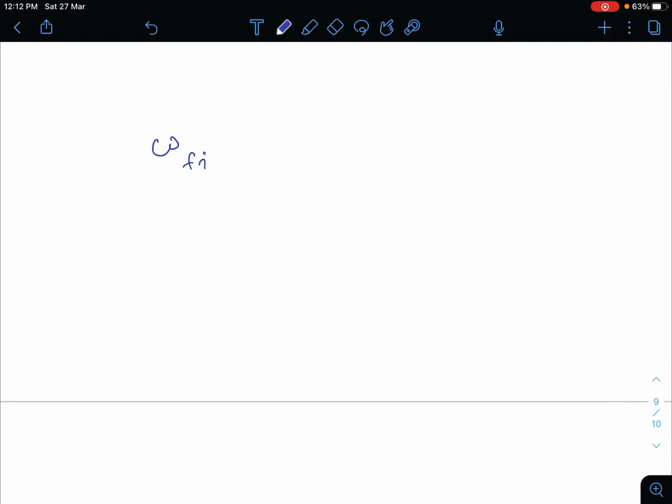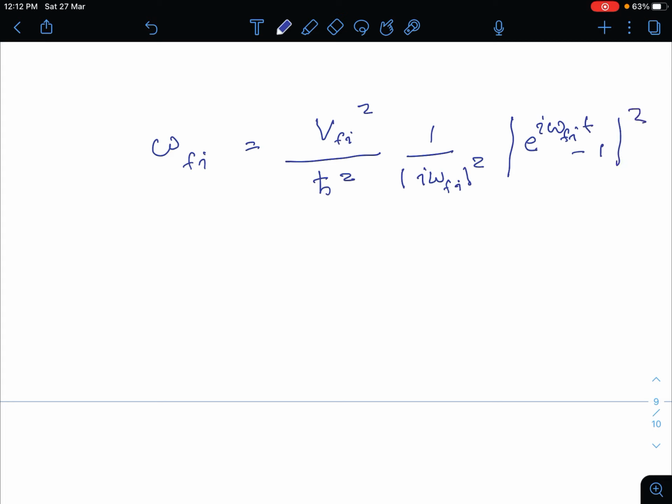So omega if is equal to V fi whole square divided by h cross square, then you have 1 by mod of i omega fi square into e raised to i omega fi t minus 1 whole square. This is what we'll be getting.